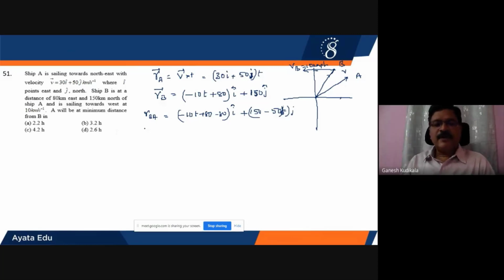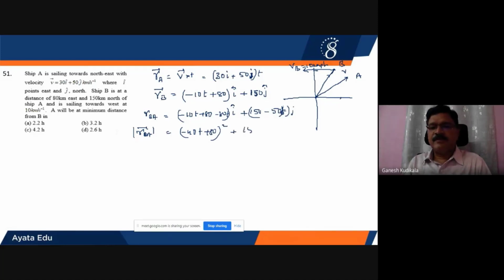Now, let us find out the magnitude of this position vector of B relative to A. The magnitude can be written as minus 10t minus 30t. T also should be there, children. Therefore, minus 10 minus 30 will become minus 40t plus 80, whole square, because I am going to find out the magnitude.